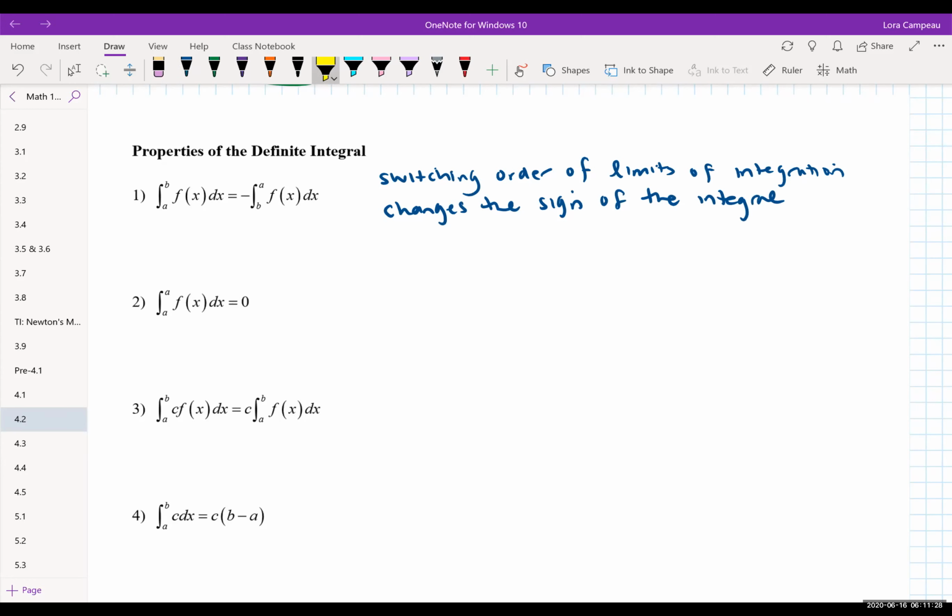So sometimes it's more convenient to maybe have different numbers as the starting and the ending. And you can do that as long as you change the sign of what the integral is.